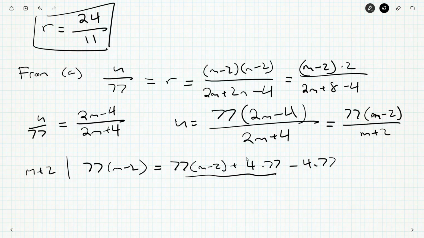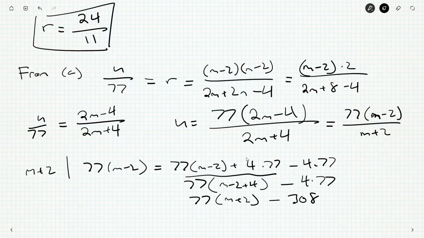And now I can combine these to say 77 times (m plus 2) minus 4 times 77, which I think I just said was 308. Now m plus 2 divides this part, therefore m plus 2 must divide the other part, 308.